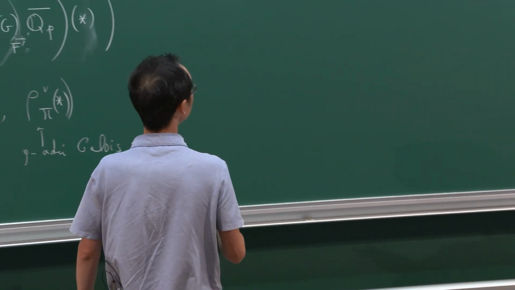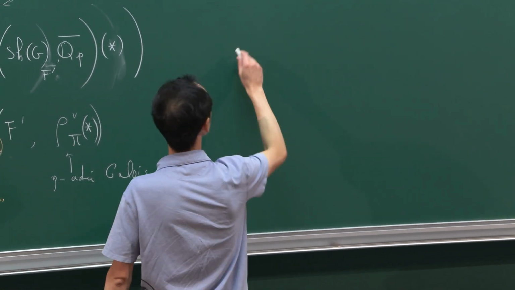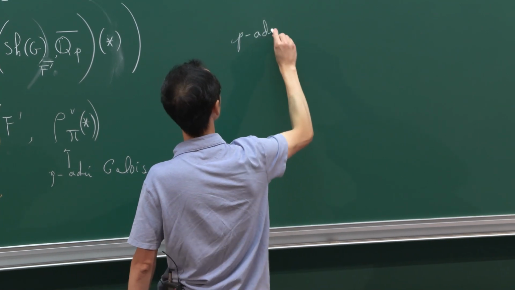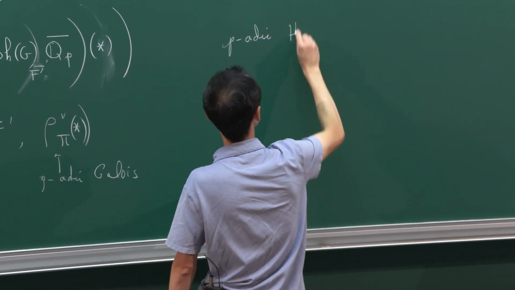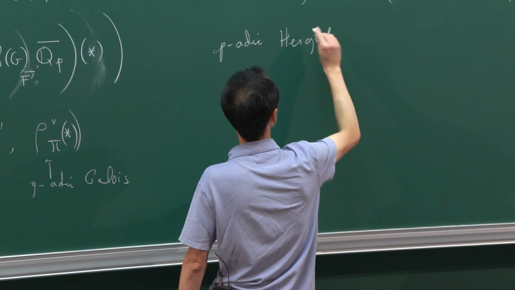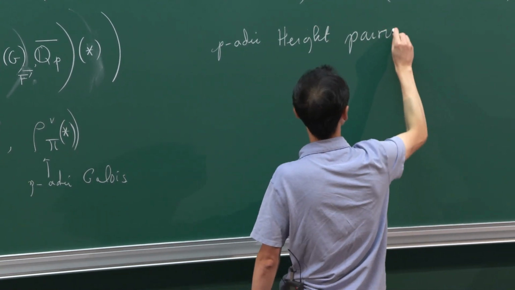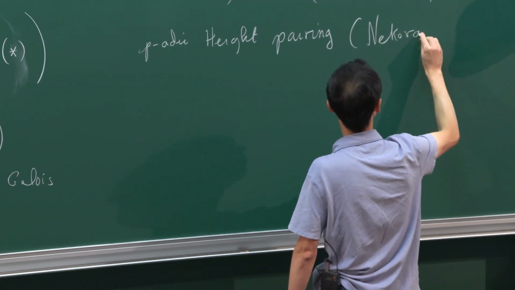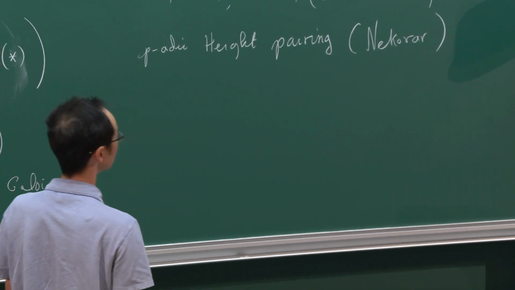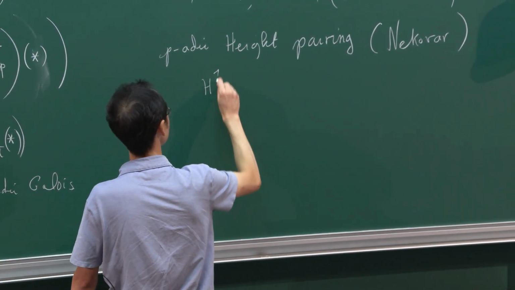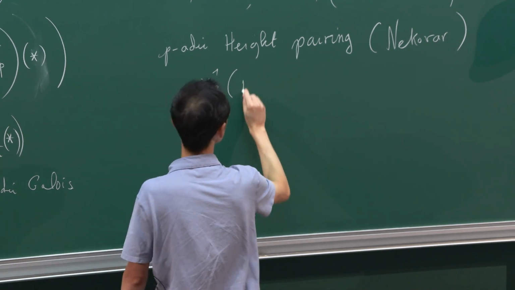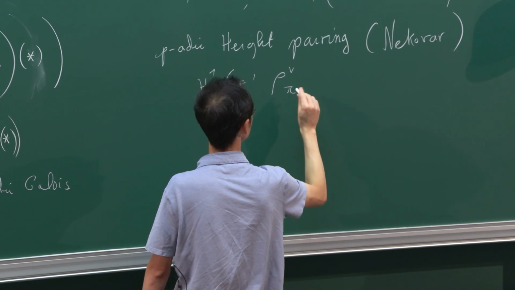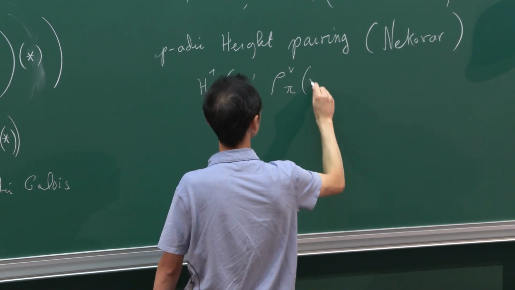So now you can plug in the p-adic height pairing over the number field, which is a pairing between this space and its dual.